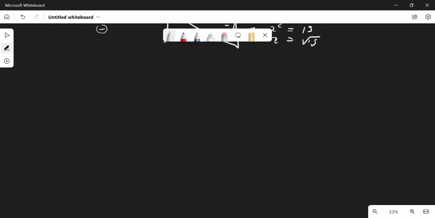They tell us we need to determine tan squared beta, and that is equal to, we're going to have our tan squared, of course. And so what's our tan?